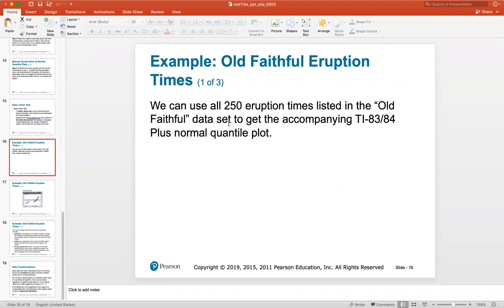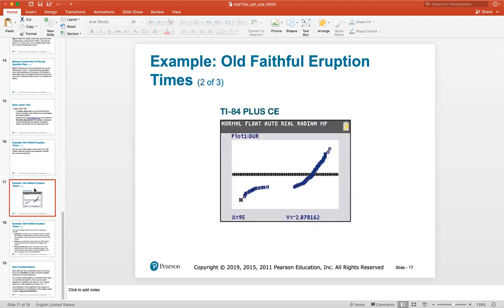You can import data into your calculator using a USB cable connected to your laptop, and you can find the instructions on YouTube or in the textbook. When you plot the quantile plot of the 250 data values, you see this. Definitely the data sample is not normally distributed, right?